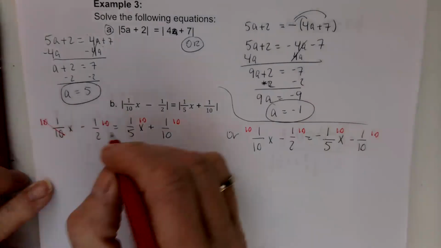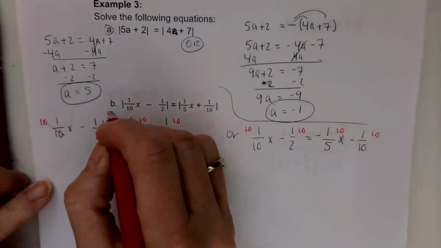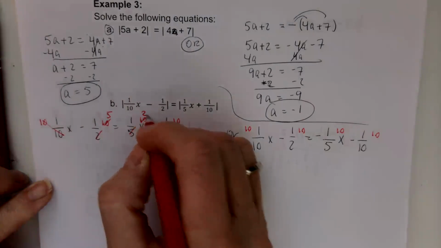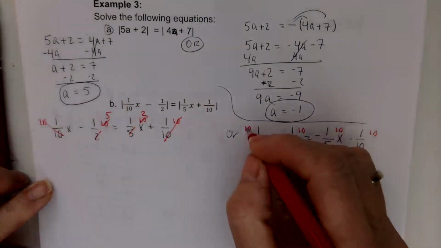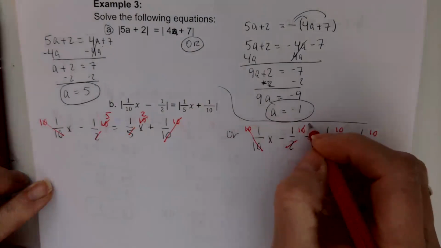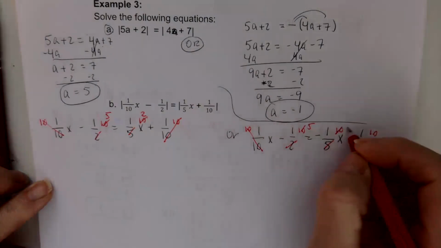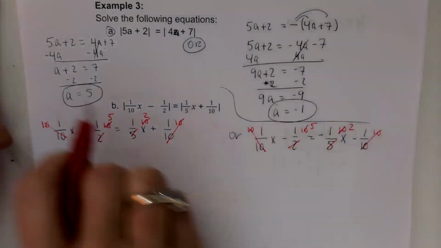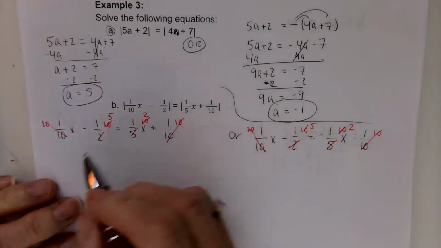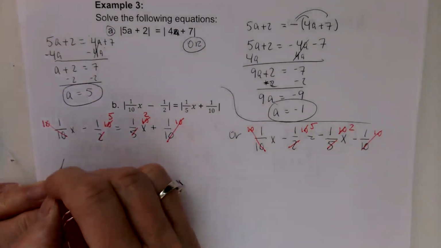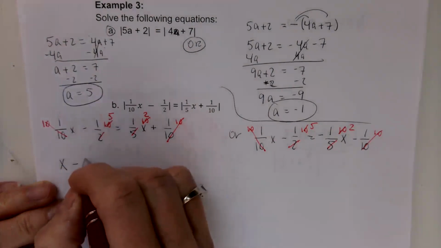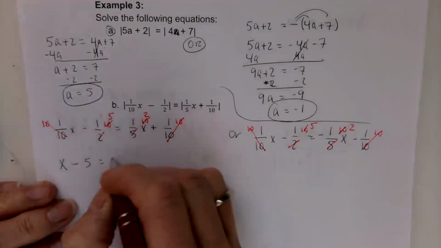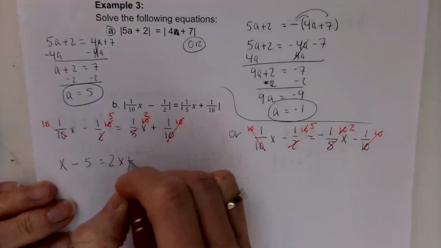So they cancel there. 2 goes into 10 5 times. 5 goes into 10 2 times, and they cancel there. So on the left, we have x minus 5 equals 2x plus 1.